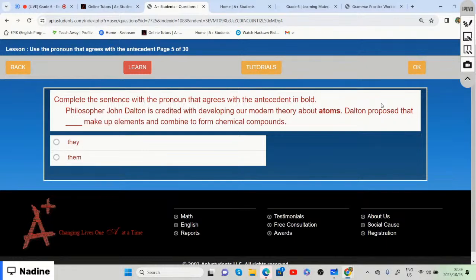So philosopher John Dalton is credited with developing our modern theory about atoms. Dalton proposed that they or them make up elements and combine to form chemical compounds.